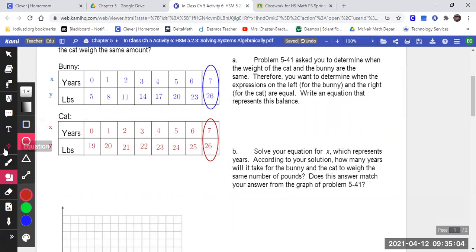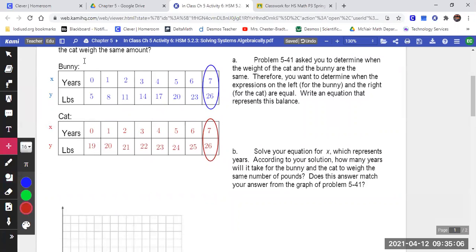And we're going to get the coordinates for this table. So what are the coordinates for the bunny? So we know the first one was (0, 5), right? What's our next one?